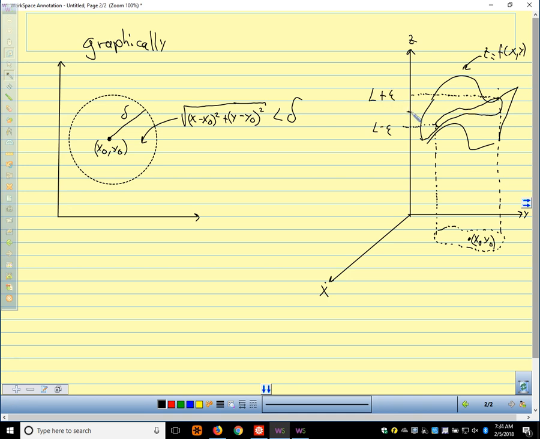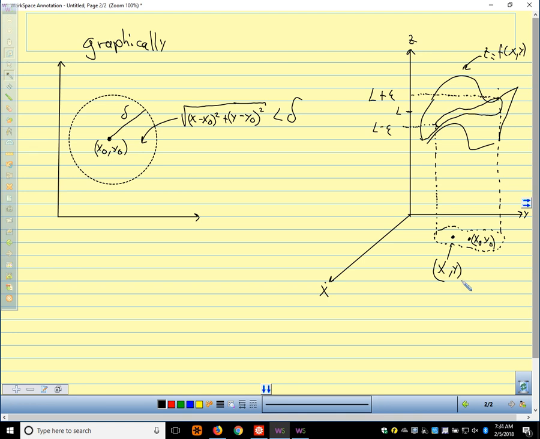And right here in the middle is L. So for our limit to exist at some point x, y, we have to be able to find this disk in the xy plane such that when I take the minimum value of the function, when I project that up onto the surface, and the maximum value, both of those are within epsilon of the limit. So that's what our definition is telling us.